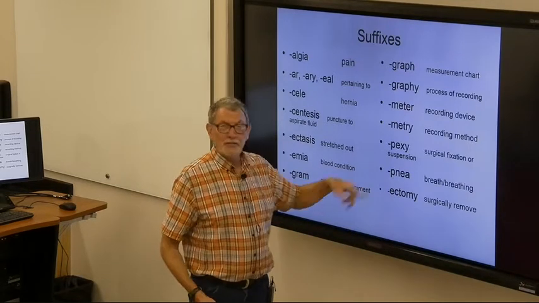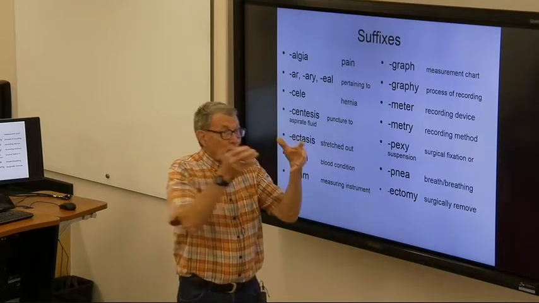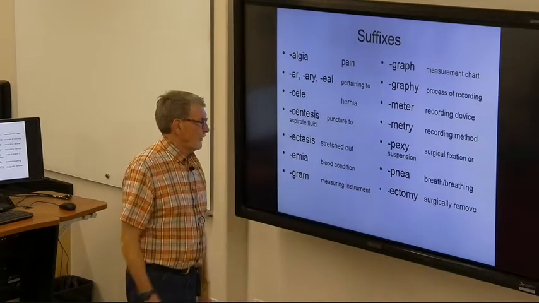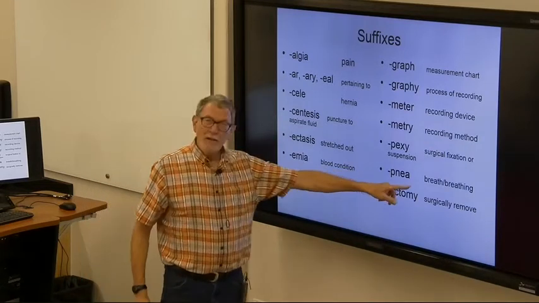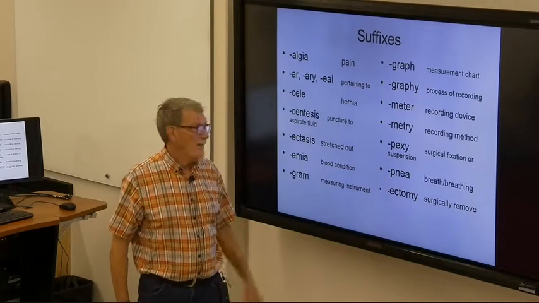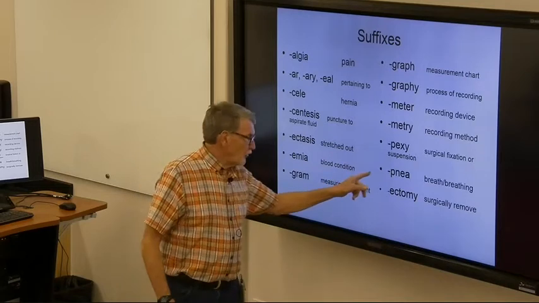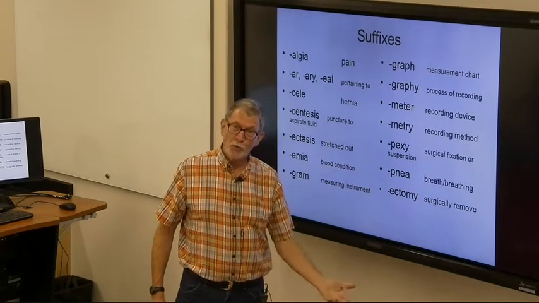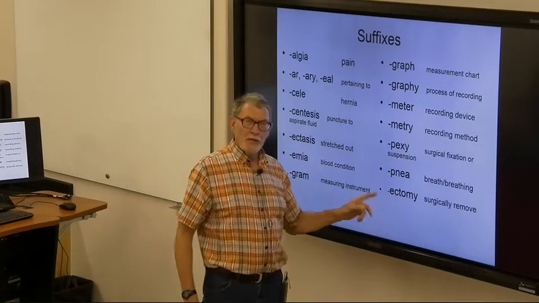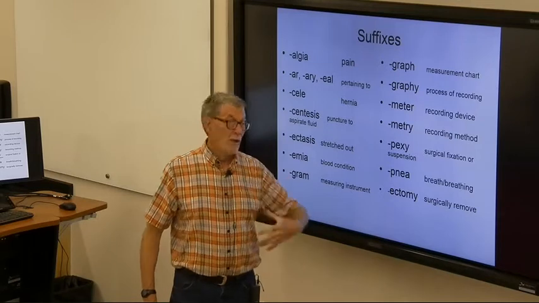It has an X, and so does fix, and that doesn't mean repair. It means to fix its location back where it's supposed to be. Affix. Pnea is breathing, a ridiculously difficult word to say. Apnea, you're not breathing. Dyspnea, it's difficult to breathe. And ectomies we've seen, surgically remove. Appendectomy, tonsillectomy, lobectomy.